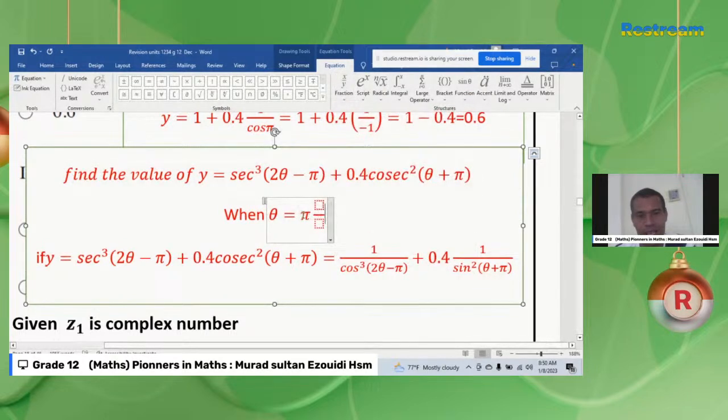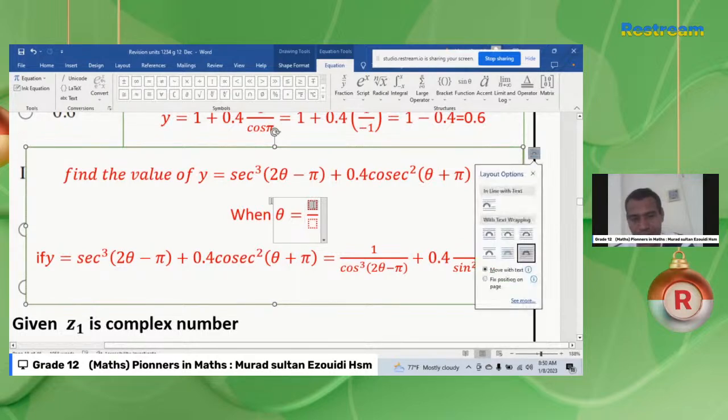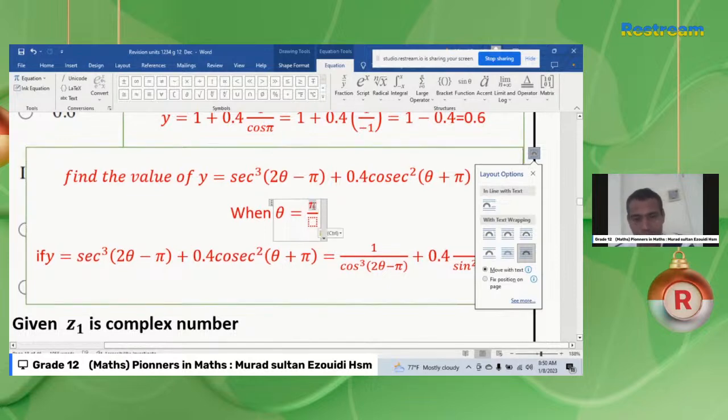Therefore, here you are going to replace theta with the value pi over 4, and you are going to use your scientific calculator.